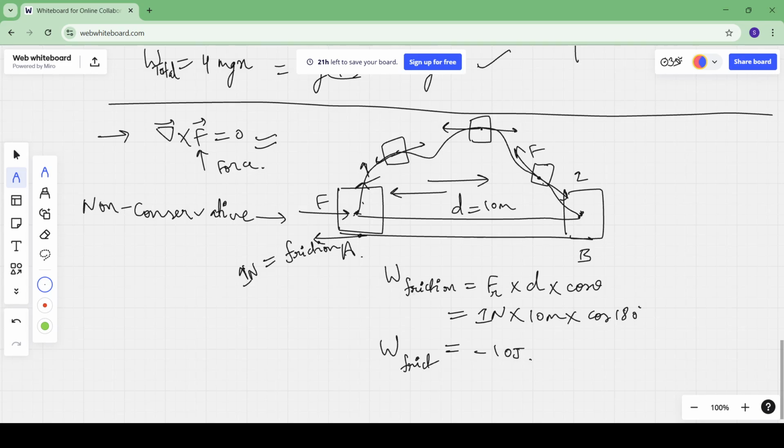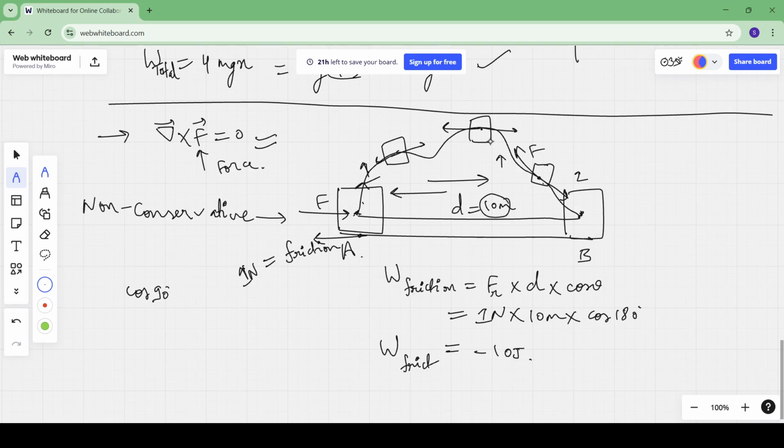The reason is that when it is moving from point A to point B, it is going to cover more distance. That is the foremost thing. Like this is d here, and here it is going to cover more distance. Also the friction direction is changing, so anyway it is not going to be zero. It comes out to be zero only in one case, when the angle is 90 degrees, cos of 90.